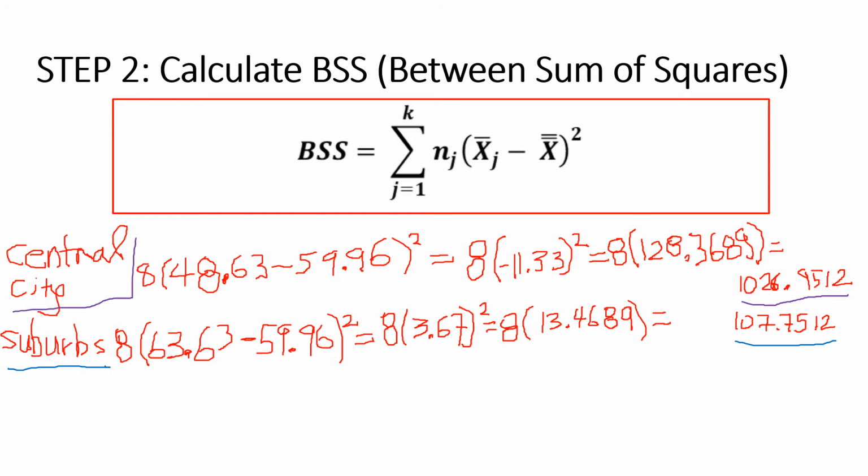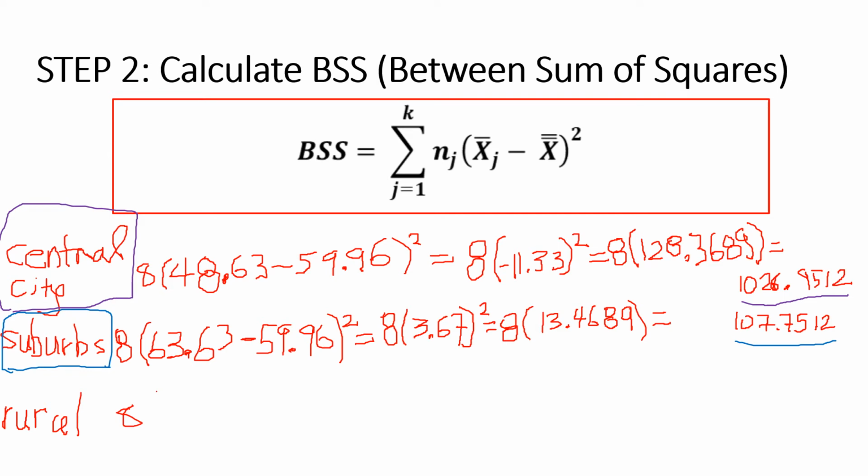So there's the central city. For the suburbs we had 107.752, and then we repeat this again for rural areas. So let me see if I can do rural, R-U-R-A-L.